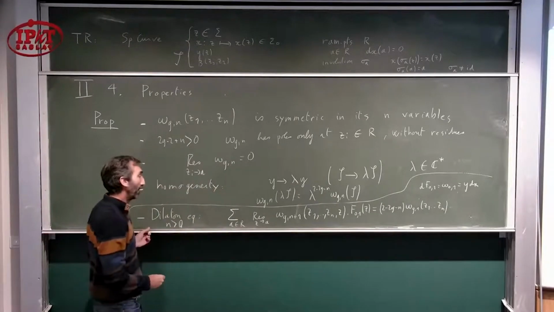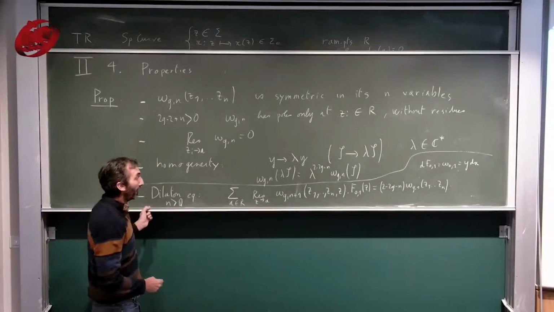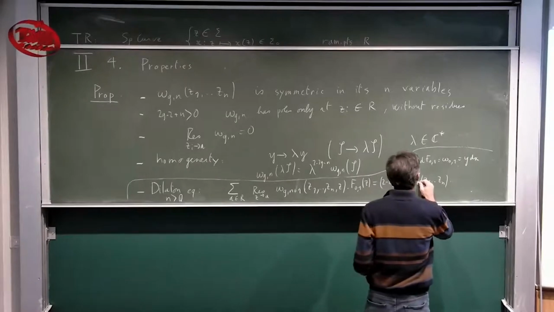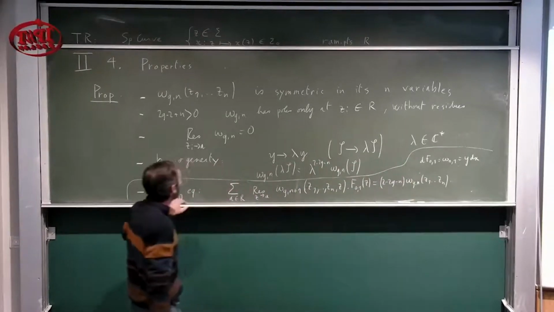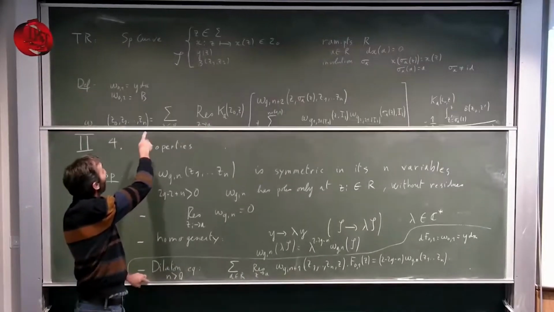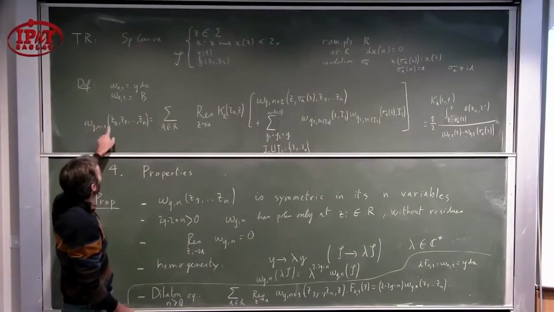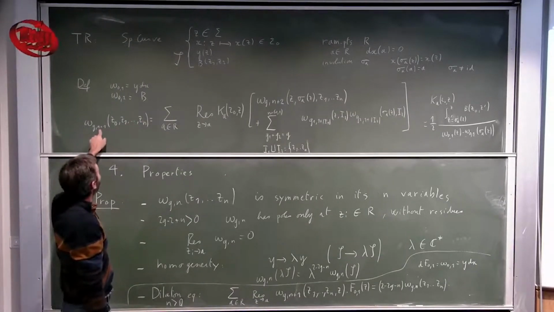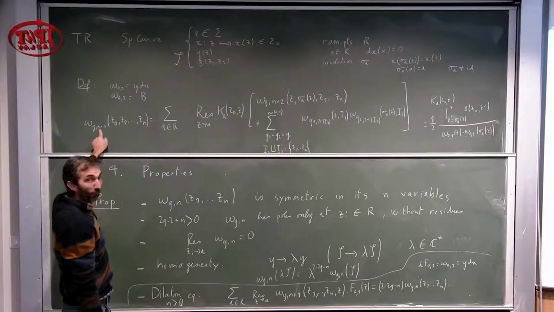And this is for n strictly positive. The reason why I take n strictly positive here is just because the recursion formula which I wrote here was a definition of omega_{g,n} only for n larger or equal to 0.